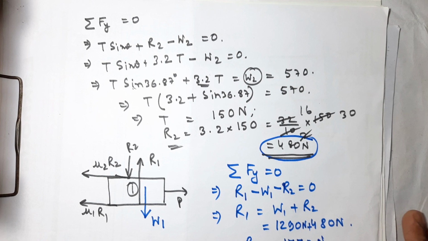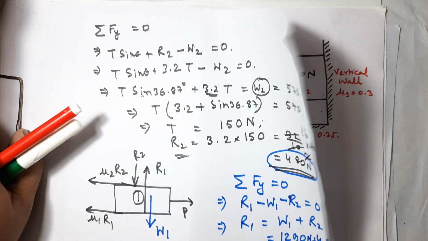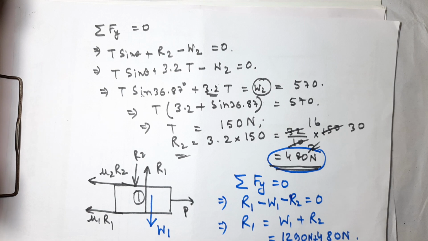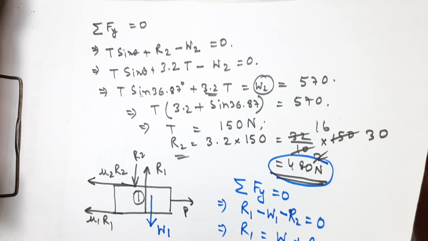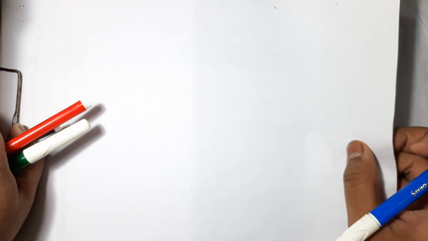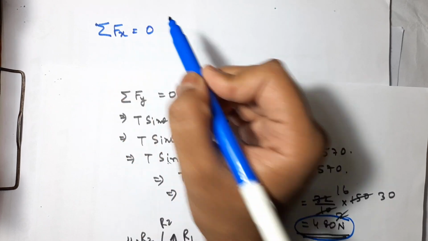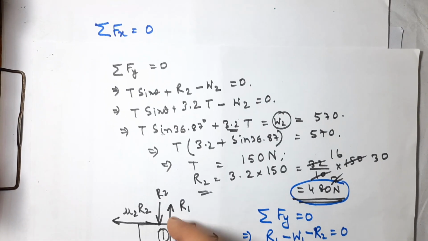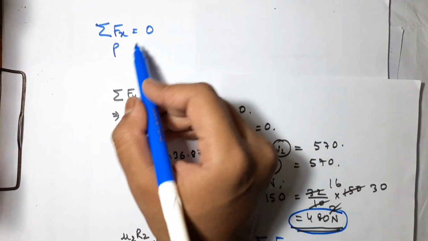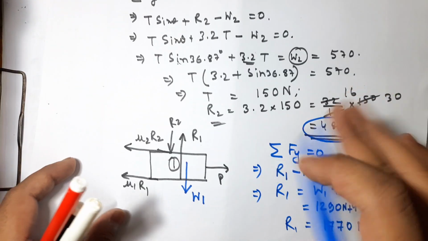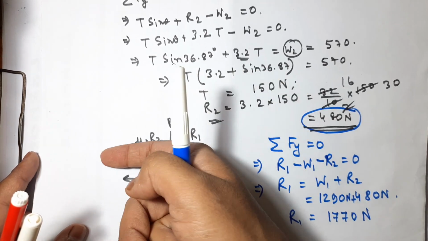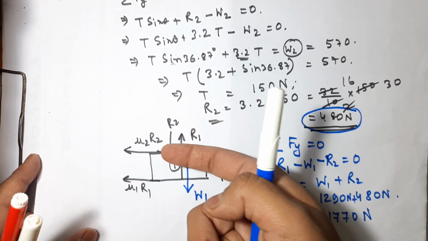And in case of force along the x direction, if you want to find it out, the force along x direction is equal to 0. So P is acting in this direction. I am writing P directly acting in the positive x direction, mu2 R2 and mu1 R1 are acting in the negative x direction.